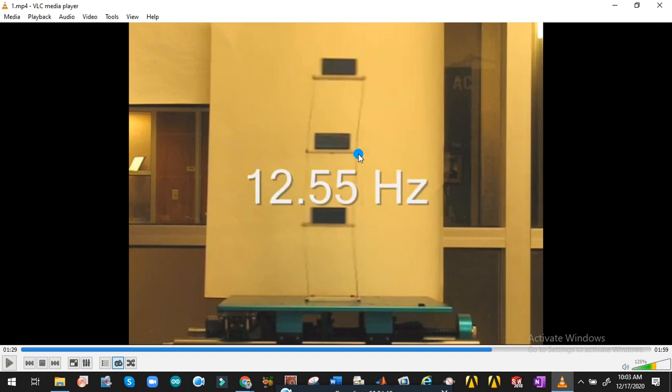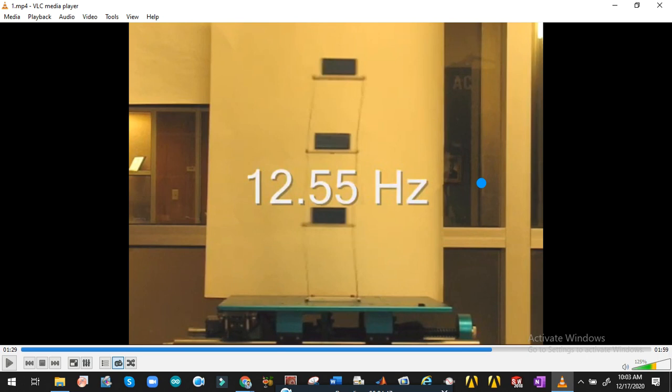So we can find the possible rpms where the system will be excited. We will provide in the catalog that this steam turbine rotor should not run at these rpms. For example, I will say please do not run your system at 12,000 rpm, 18,000 rpm and 24,000 rpm. Other than these rpms you can run your system.